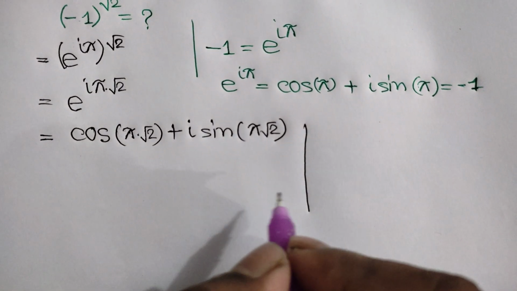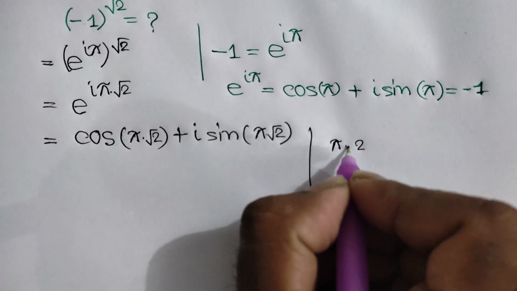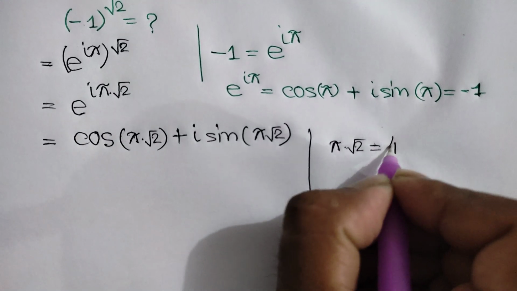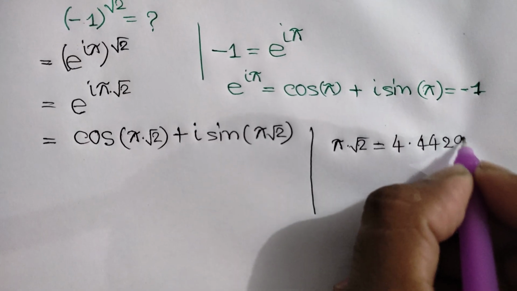An approximate value of pi times square root of 2 is equal to 4.4429.